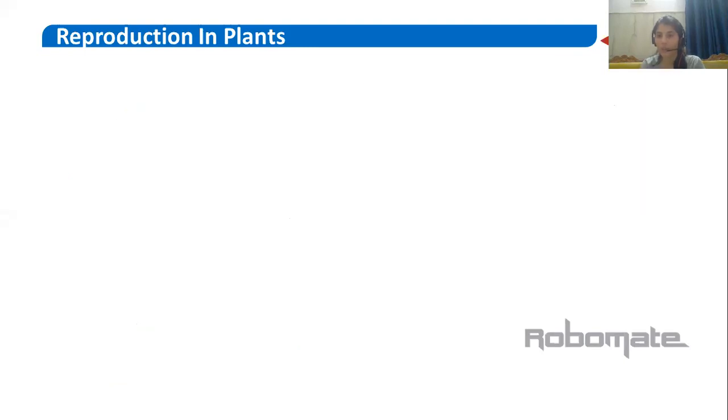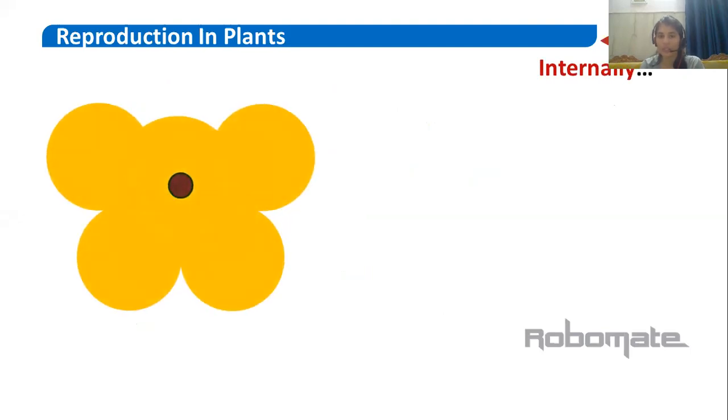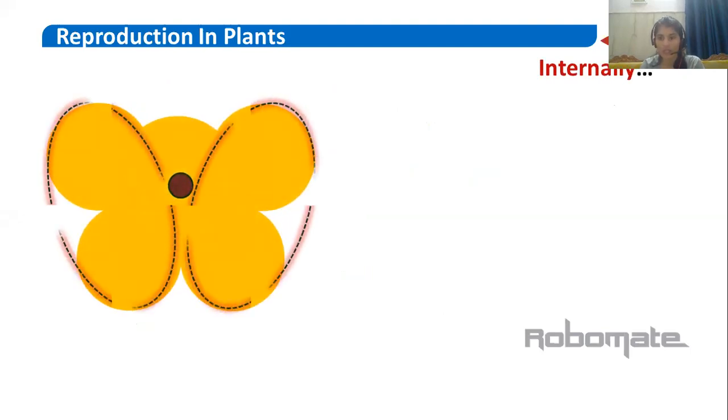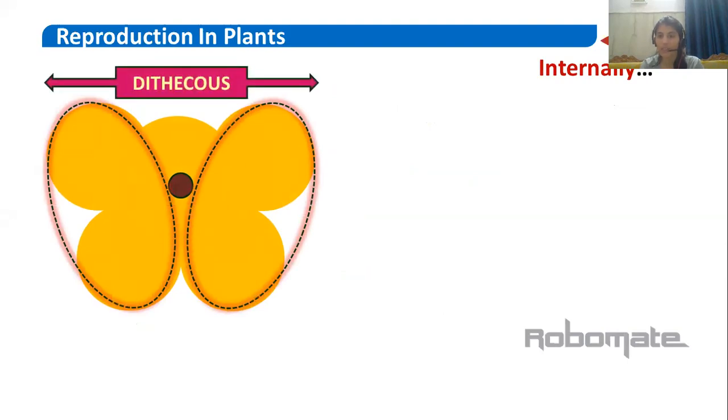Now, if we see the structure of anther internally, this is a transverse section. We are cutting the anther and seeing it transversely. What we see here, as I already told you, is that the anther is a bilobed structure. So these are two lobes, and that's why it is also called diathecous.